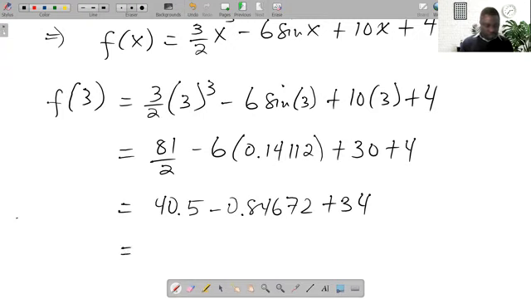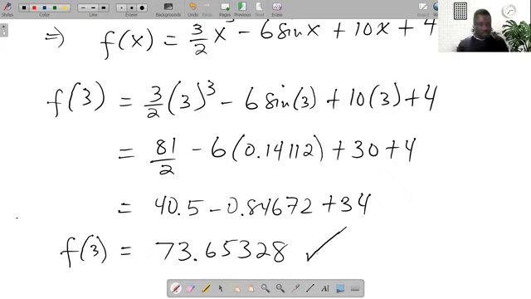So basically, it will be 74.5 minus 0.84672, which will give me this value here, 73.65328. That'll be your f of 3, and that will be it.